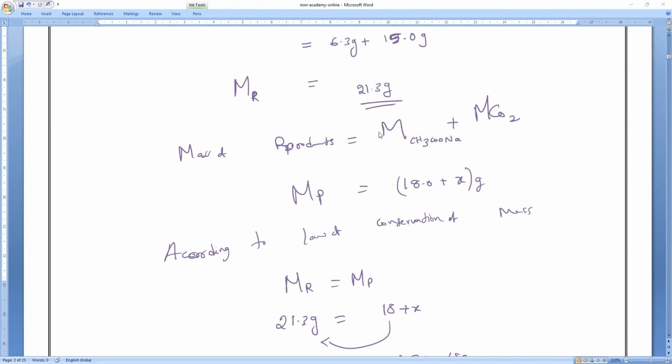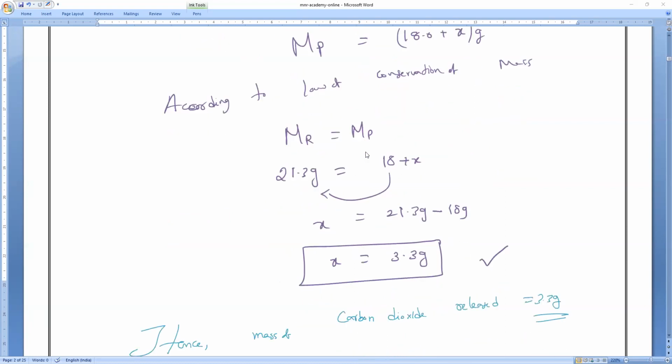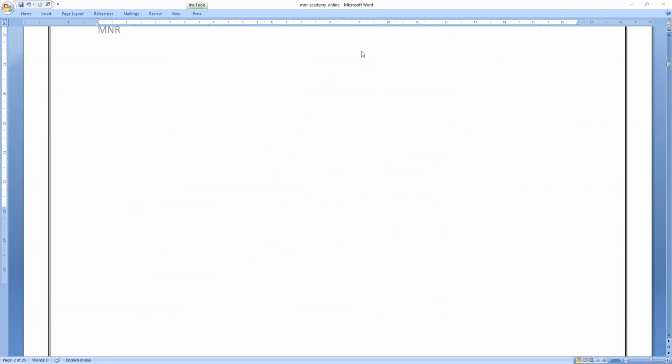We are adding, so they are reactants. And residue is left behind, which means it is a product. That is the way I identify the products and reactants.